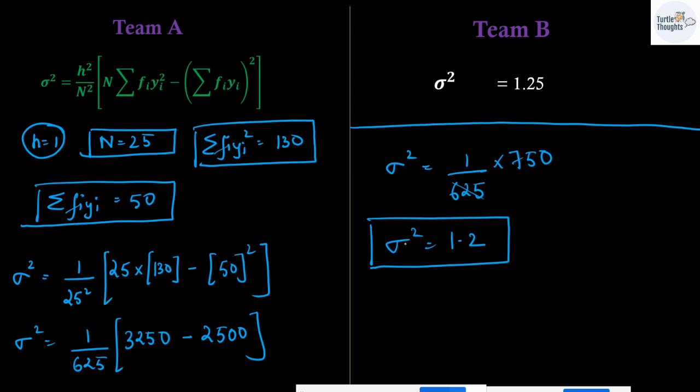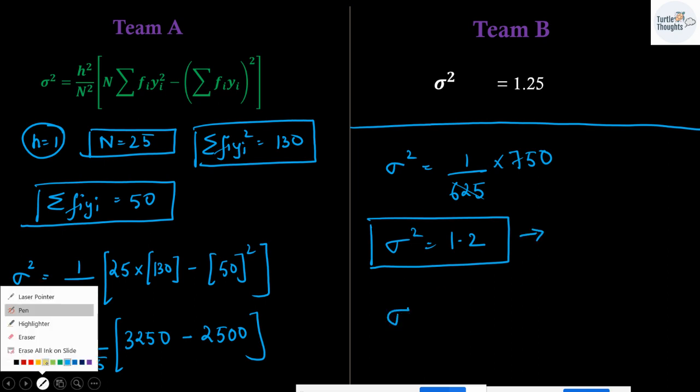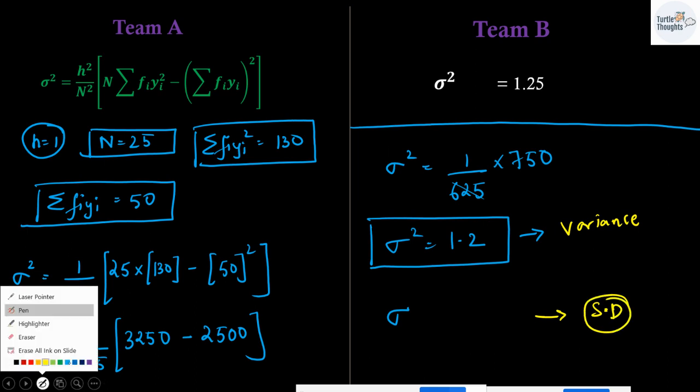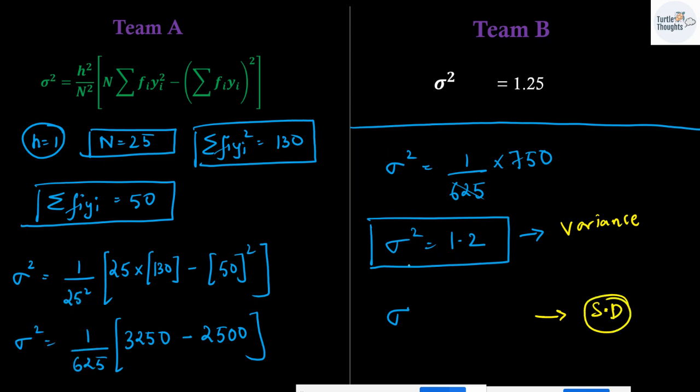Now if I know the value of sigma square, I can easily find the value of sigma as well. This is going to be the variance, and this is going to be your standard deviation. The standard deviation, root of 1.2, you will be getting around 1.09 as your answer.